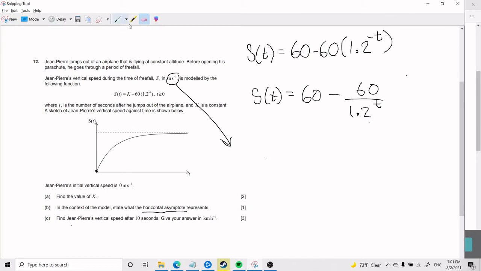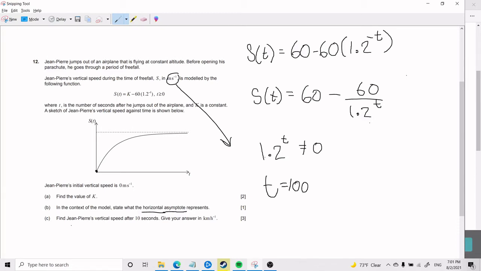Here, it's not quite the same, putting that 1.2 to the power of t can never equal 0, because there's not much way to solve this. But we still have the mentality that something's going on in the denominator, right? So what happens in the denominator if I put a really, really big value of t?